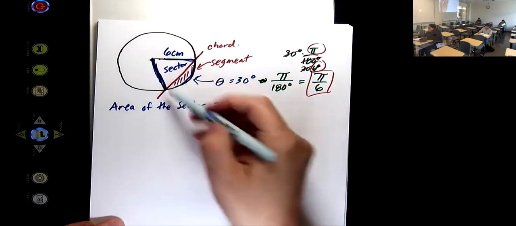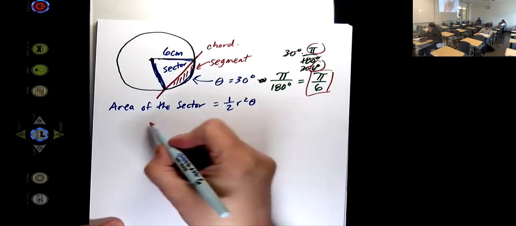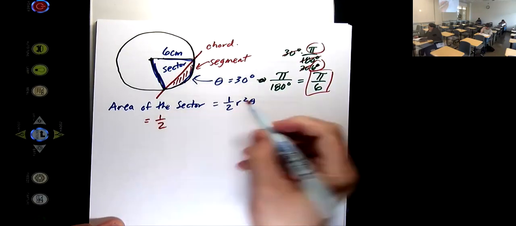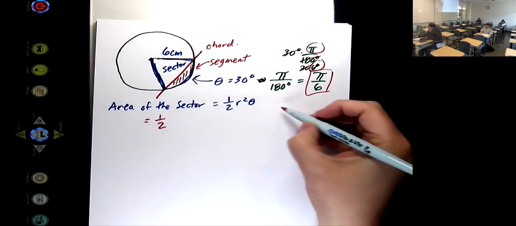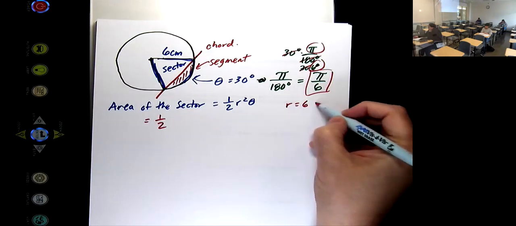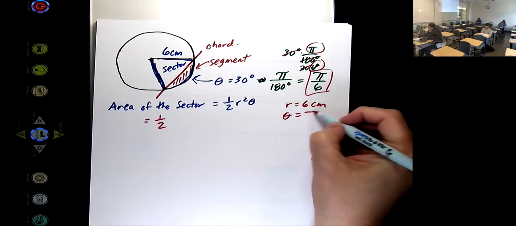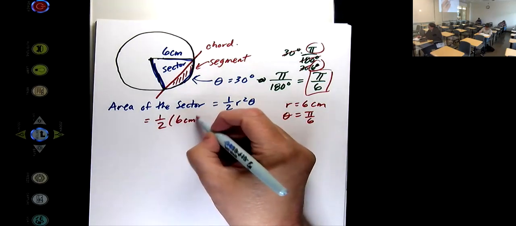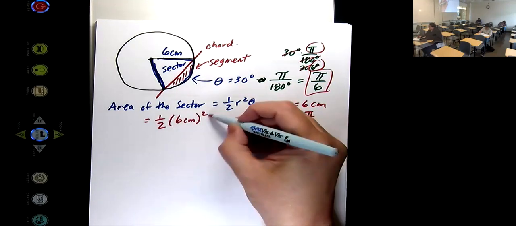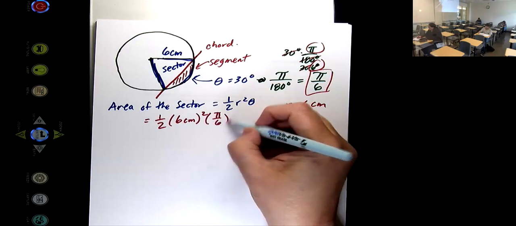We want to find the area of the sector, we've got to do 1/2 r squared theta, and the picture shows r is 6 centimeters. So I'm gonna do 6 centimeters squared times pi over 6.